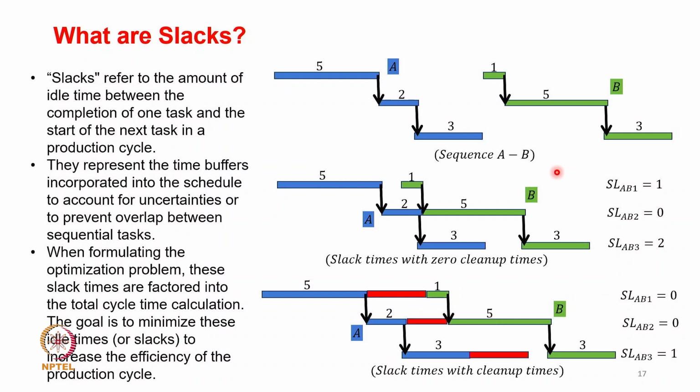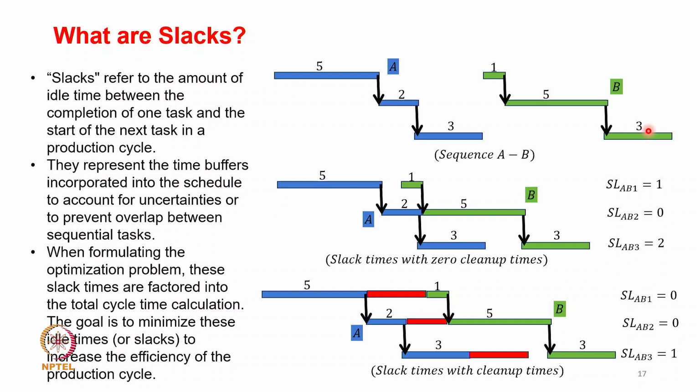Let's look at a case with a sequence A and B. In the first case, you have stage 1 2 hours, stage 2 5 hours, stage 3 3 hours, while in this case, stage 1 1 hour, stage 2 5 hours, stage 3 3 hours. Slack typically represents the time buffer that can be incorporated into the schedule to account for uncertainties and to prevent overlap between sequential tasks.